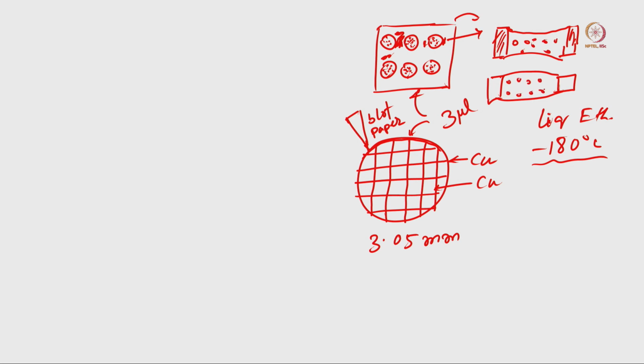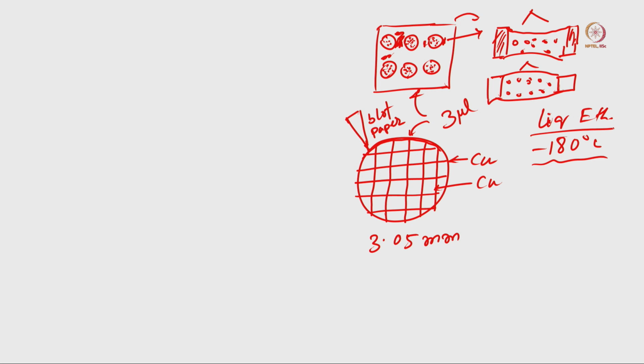Basically, we are trying to image through this: the electron beam will pass through this sample and give us a 2D image of a 3D object. This is the basic principle of cryo-electron microscopy, where we use this kind of grid with a liquid sample and then quickly freeze it in liquid ethane.